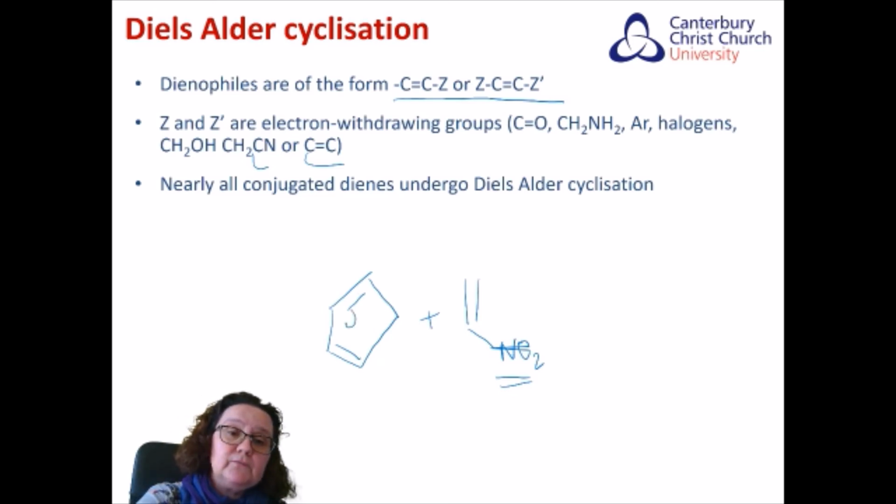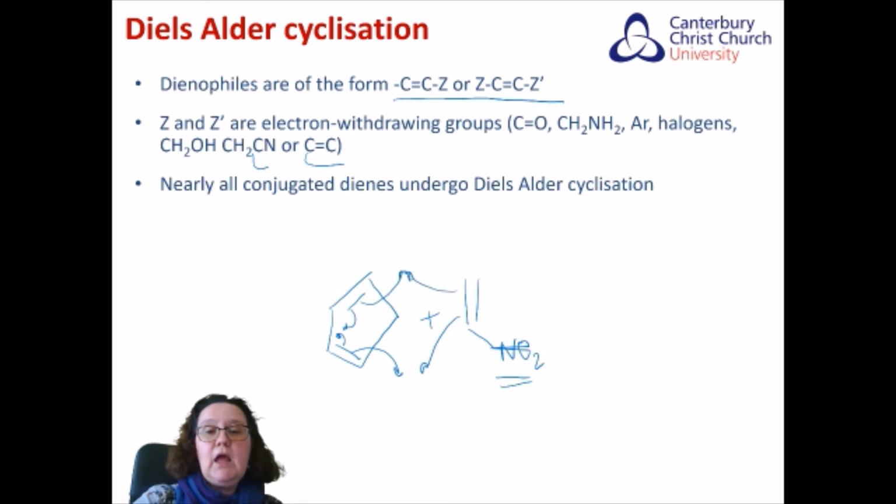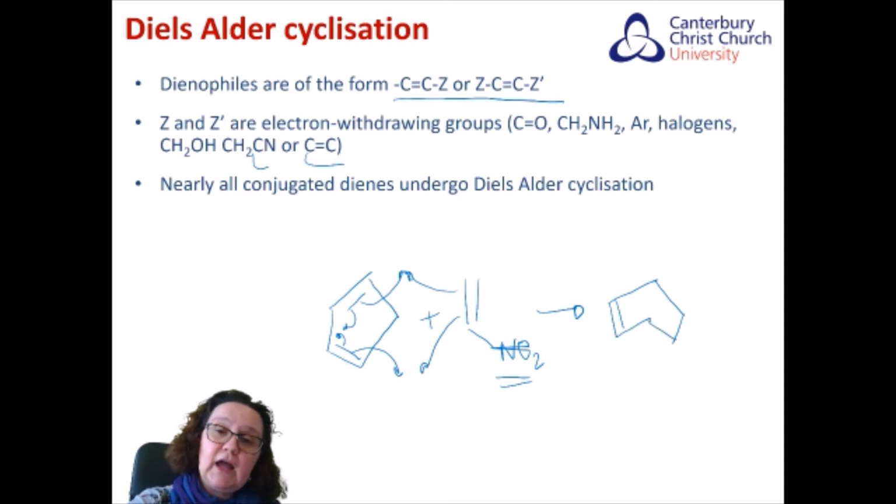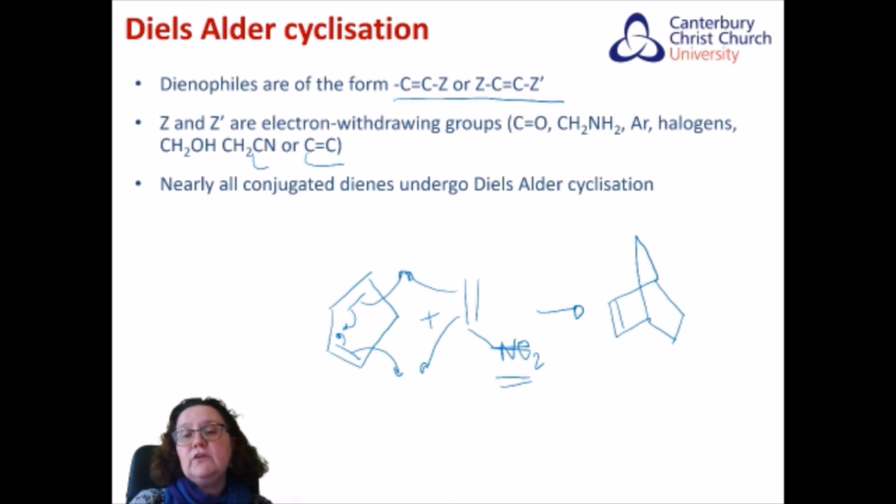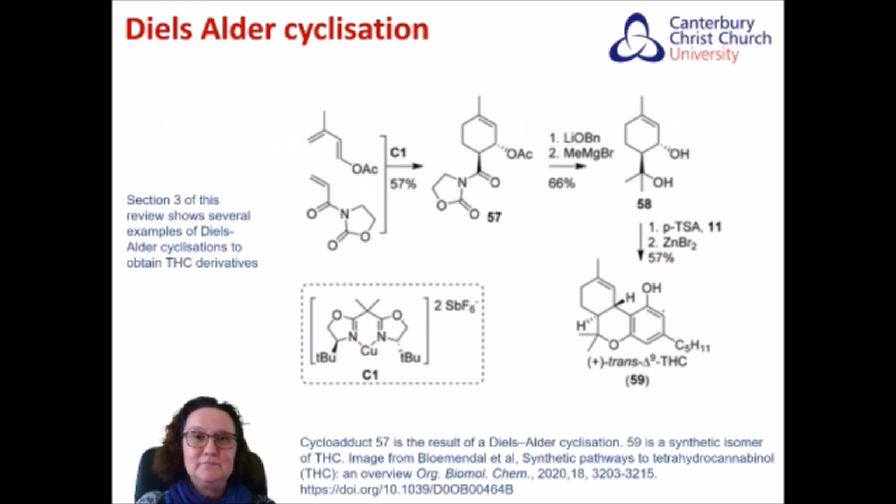So the electrons go here, here, and here, and you end up with the cyclohexene that has formed here, and you still have that part of the molecule. So it's an interesting way of forming three-dimensional structures using carbon atoms.